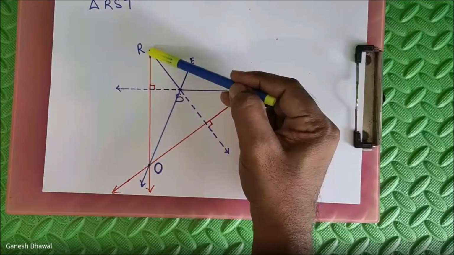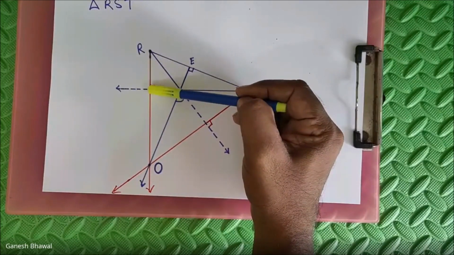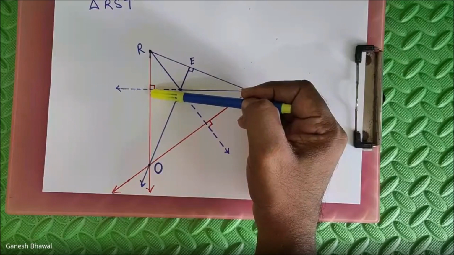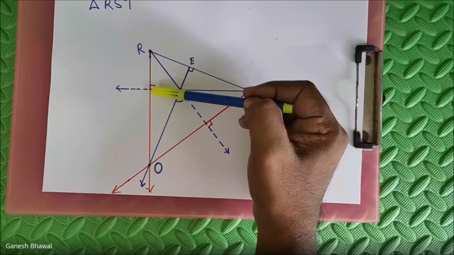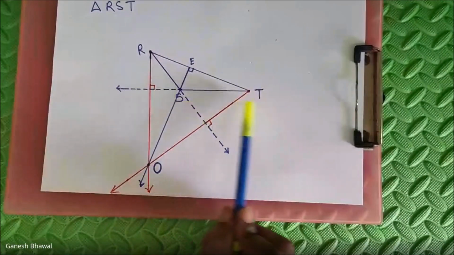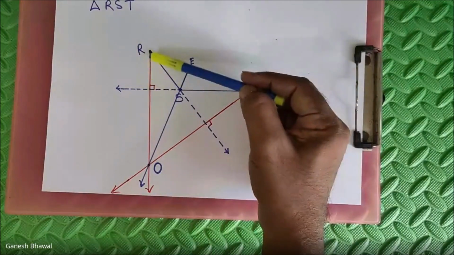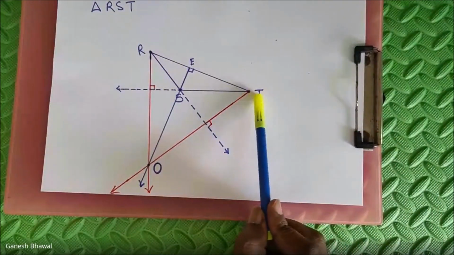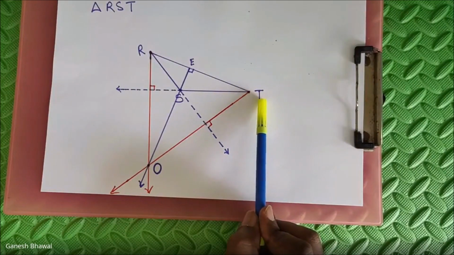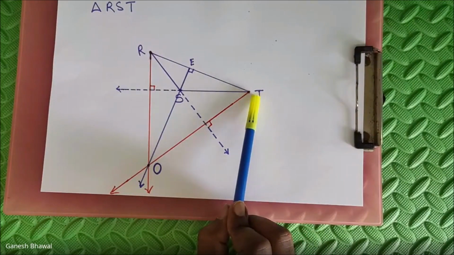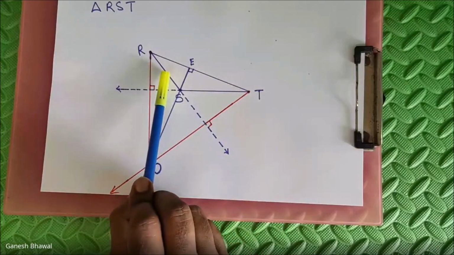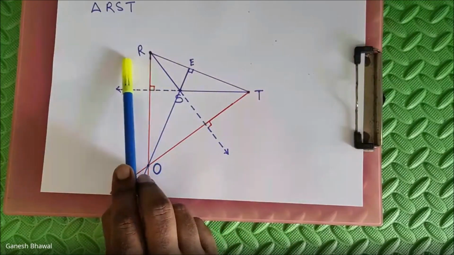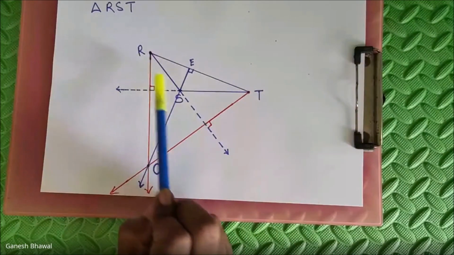So from this vertex R, we have drawn a perpendicular, or altitude, on side ST. The next is vertex T. Again from vertex T, it's not possible to draw a perpendicular on side RS.